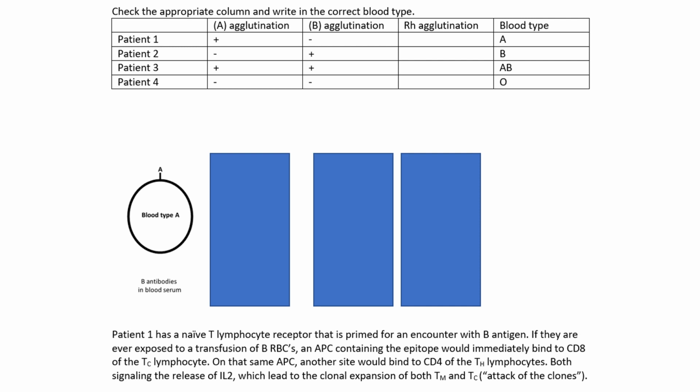And then now they're going to go try to target all of those red blood cells that are foreign. The type B red blood cells will then be ruptured when granzyme B and perforins come in and destroy those cells. So I just wanted to make sure you understand the purpose of us doing this ABO blood typing. It was to help you associate our T cell mediated immune response and our humoral B cell response.